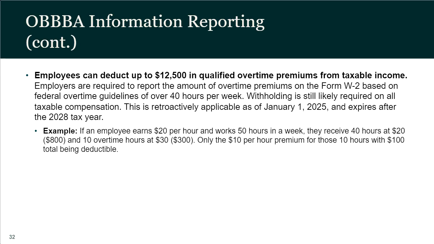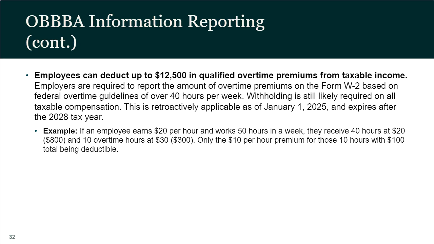But I am going to go through this example here. If an employee earns $20 per hour and works 50 hours a week, they receive 40 hours at their $20 an hour, and they receive 10 hours of overtime at $30 an hour. So the overtime is at time and a half, which is what takes the $20 to $30.